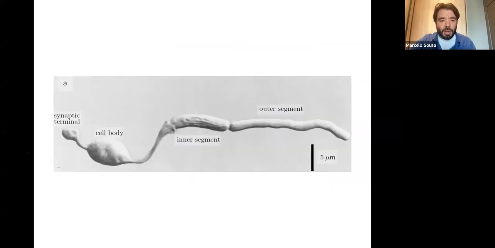So here is the way that they are, and here the outer segment and inner segment.